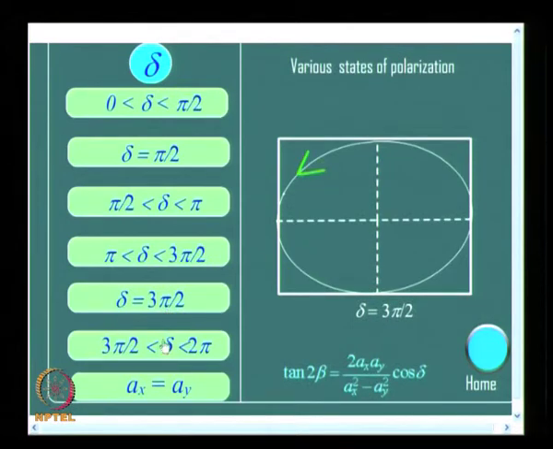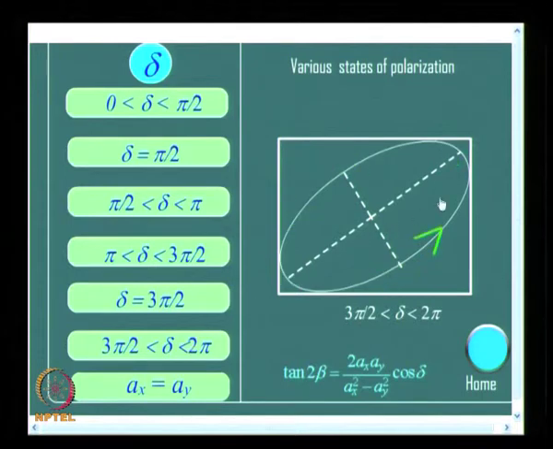So, though in conventional photoelasticity handedness does not play a significant role, it does play an important role when you come to the domain of digital photoelasticity. So, it is better to know the handedness has its importance. And when I go to the range 3 pi by 2 to 2 pi, I have the ellipse oriented in this fashion, and this is anti-clockwise.